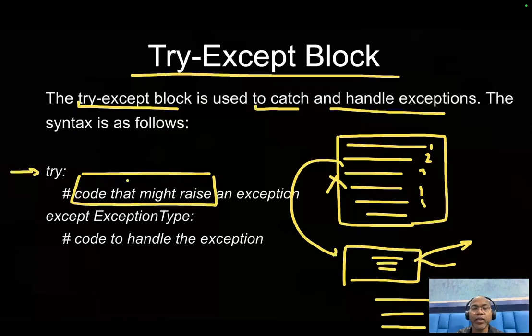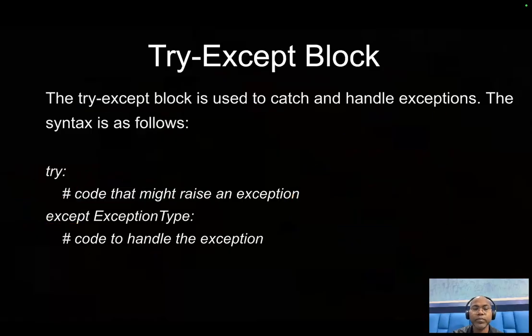And if anything unwanted happens, your program is not going to terminate. It goes to the alternative option, except, and there you can provide the error message, the warning message, and the next instruction you want.